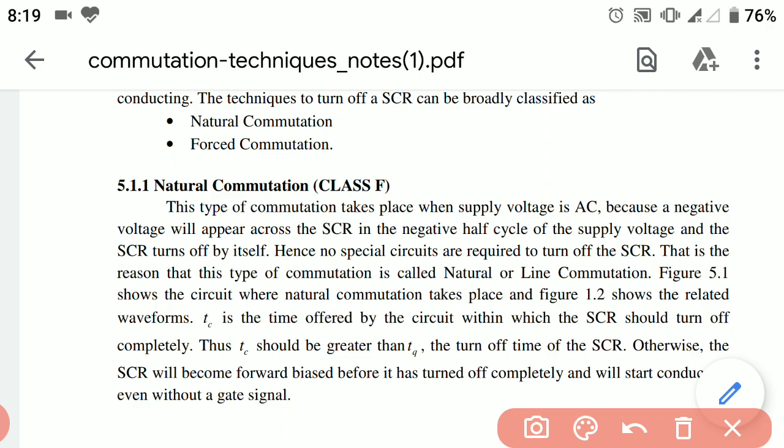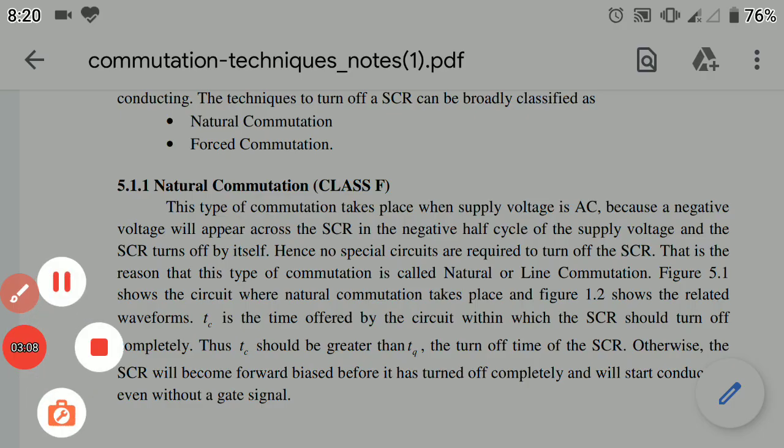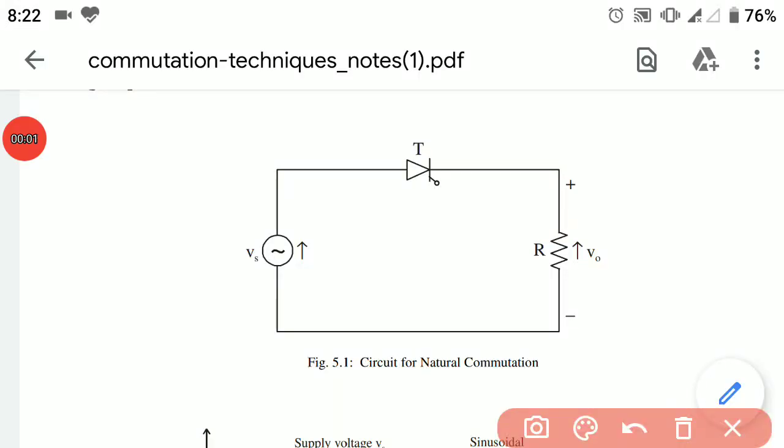Now we will discuss the circuit diagram and waveform for this natural commutation technique. This is the circuit diagram. Here we have the supply voltage, which is AC.